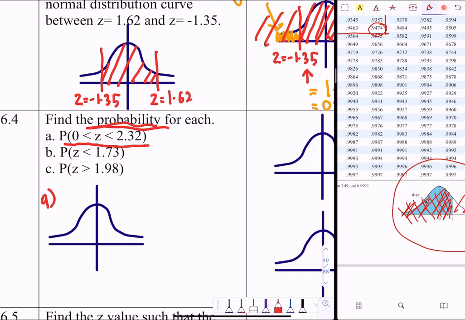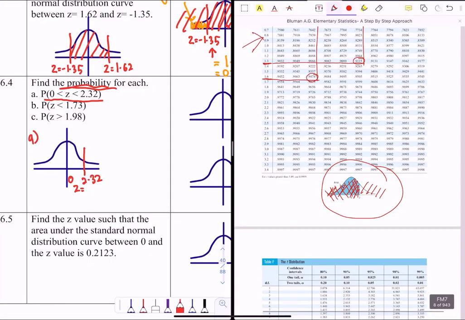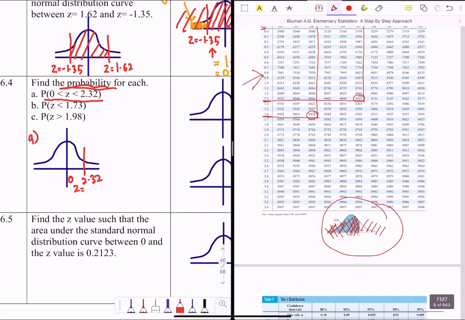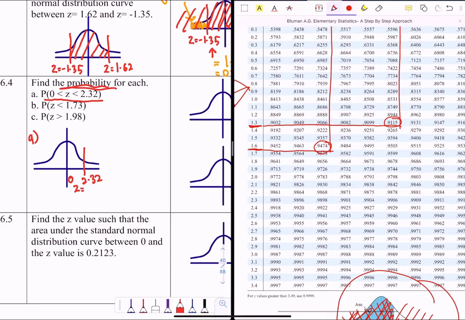Z from 0 to 2.32. Of course, we have 0 here. This is the line, the x-axis is the Z score, and up until 2.32. Of course, you need to go to table E. I always use the positive one, 2.32.